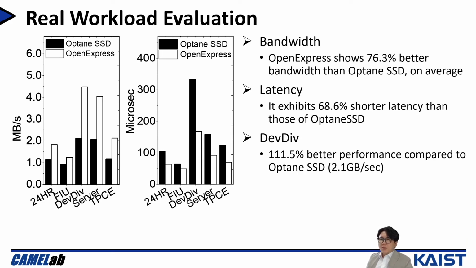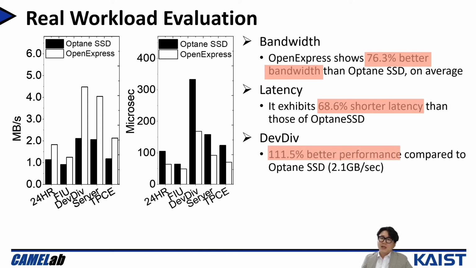For the bandwidth and the latency, OpenExpress shows 76% better bandwidth and 68% shorter latency than an Optane SSD. For the read-intensive workload, it exhibits 111% better performance compared to Optane SSD. Note that, again, we do not claim the OpenExpress prototype can be faster than any other future NVMe device technology.